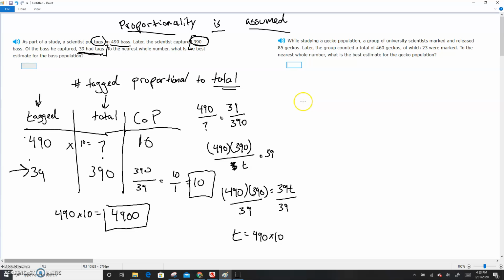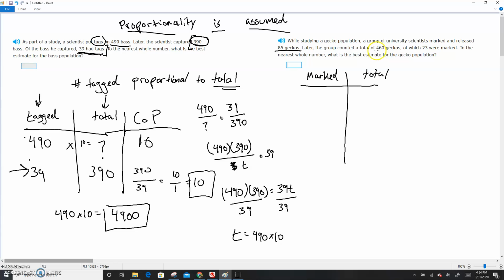While studying a gecko population, a group of university scientists marked and released 85 geckos. Later, the group counted a total of 460, 23 of which were marked. Again, we're assuming proportionality. Let's create a table. We're going to say marked and total. So I know that we marked and released 85.